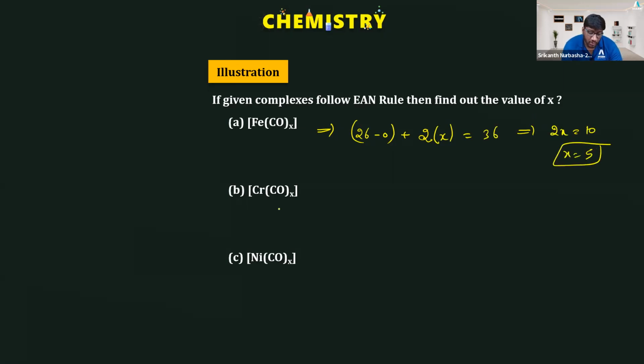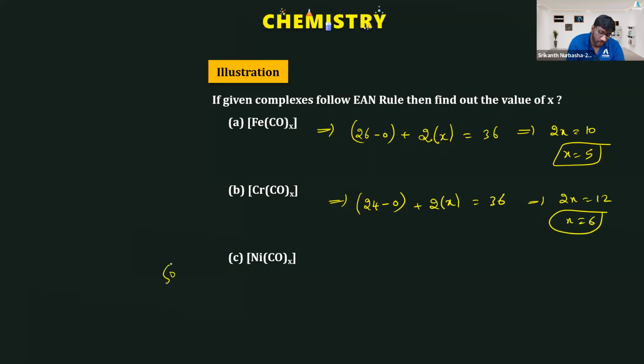Will you solve the other two in the same way? Chromium 24, oxidation state is 0, neutral complex, plus 2 into X should be equal to 36. So 2X is equal to 12, X is equal to 6. Solve it.